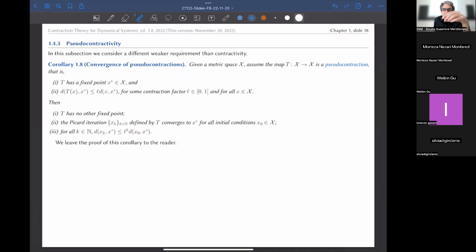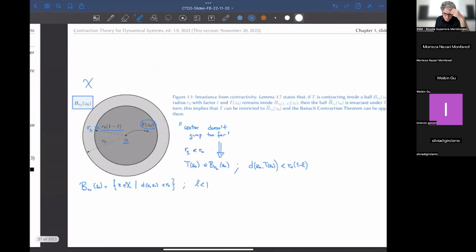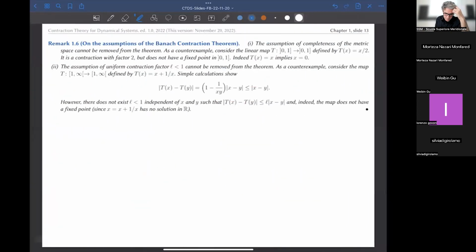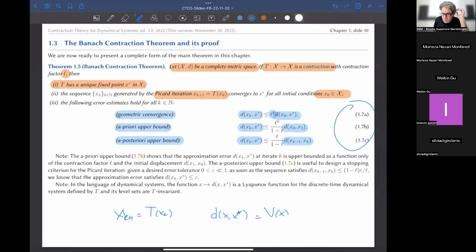Maybe I've missed it, but in the strong form of the Banach contraction theorem, are we assuming that our space X is convex or at least star-shaped in order for contraction to actually go to a point? Did you all hear the question?